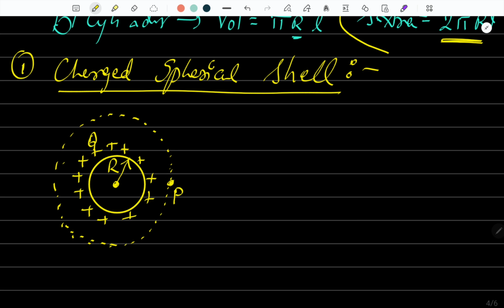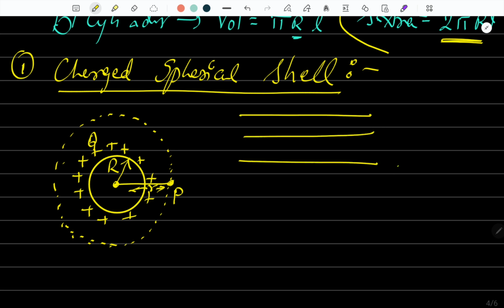To find out the electric field at point P, I need to consider a Gaussian surface in the form of a sphere of radius small r, and this particular Gaussian surface is placed such that point P is on the surface, you can call it the circumference of the sphere.